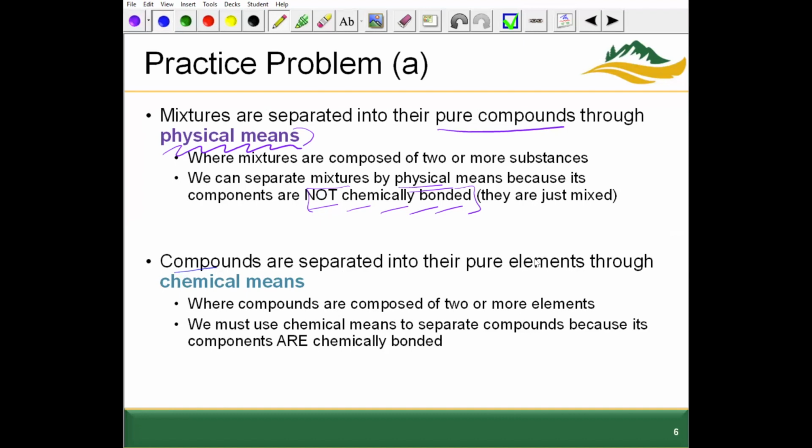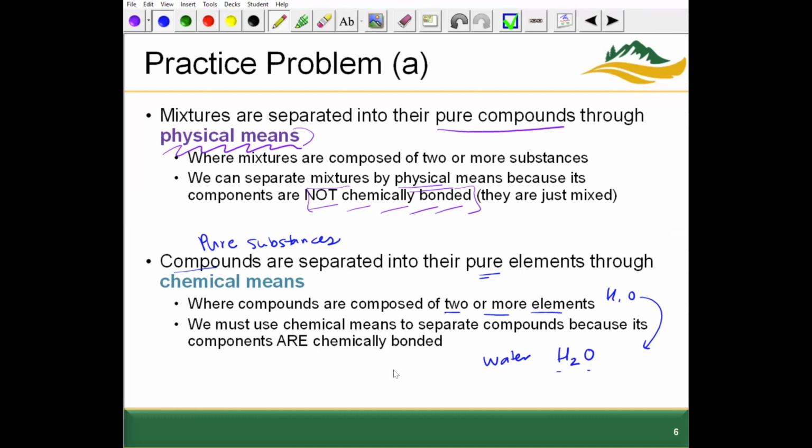So compounds are examples of pure substances. The definition of a compound is that they are composed of two or more elements. For example, H and O, so hydrogen and oxygen are two elements, and water is a compound because it is indeed composed of two or more elements.